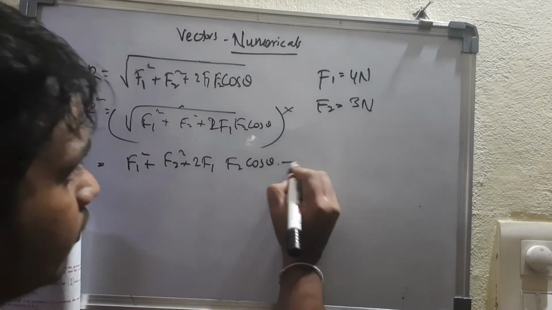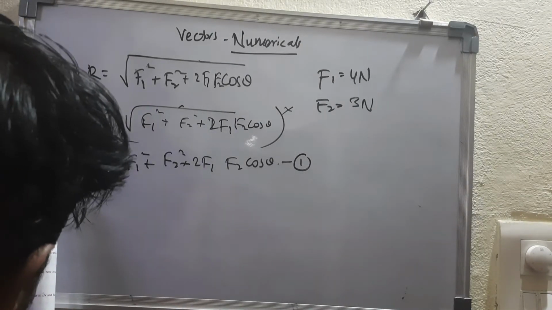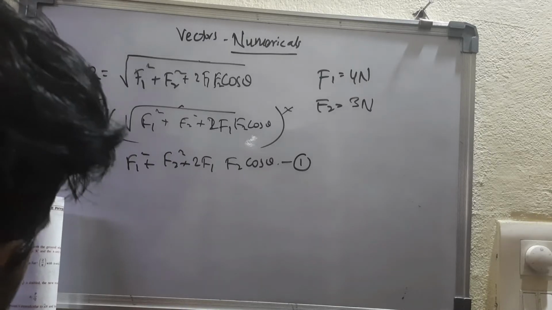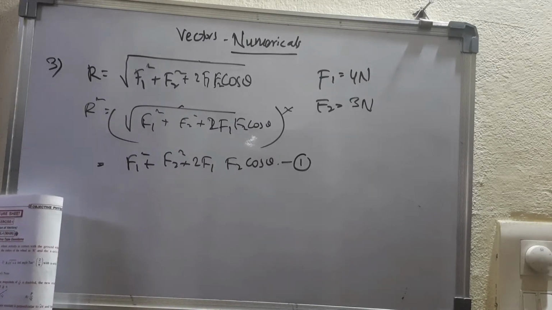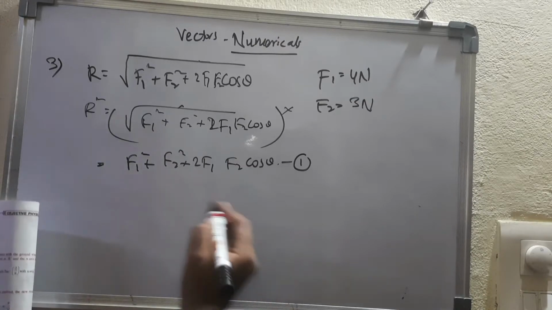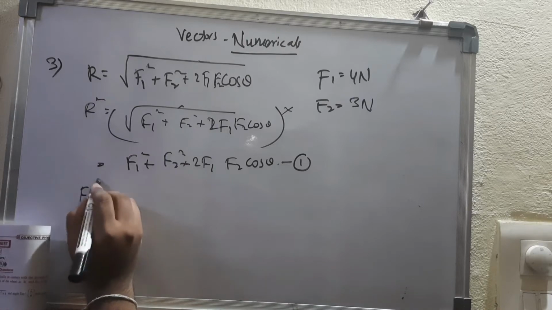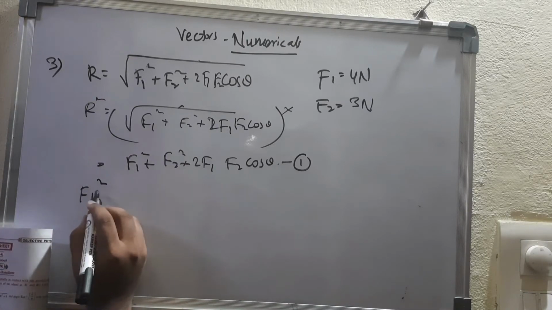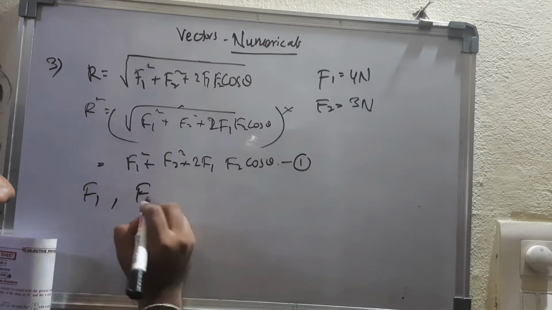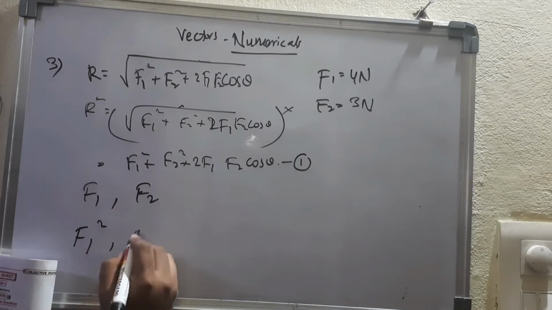Now this will be the first equation, and the second condition he gave is that it exceeds the square of the resultant of the forces by 12. Now the square of the forces will become F1 square, F2 square.